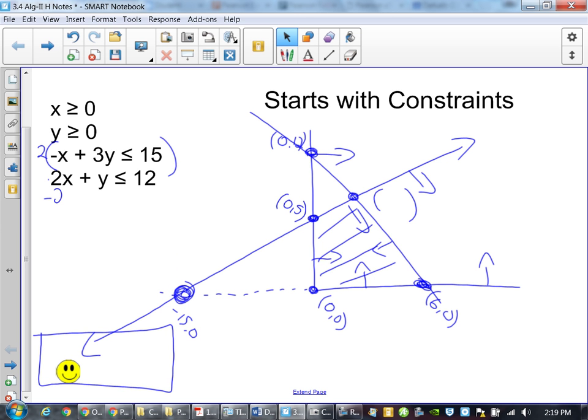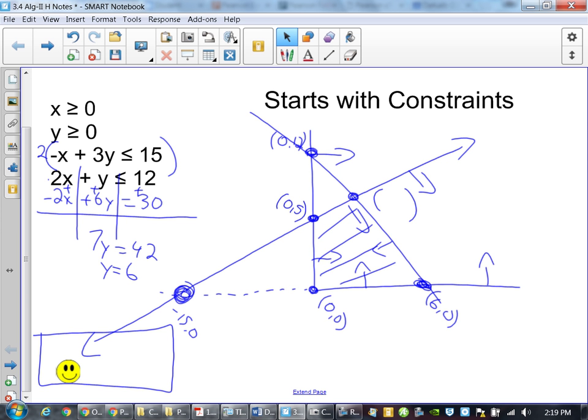I get negative 2x plus 6y equals 30. And I'm going to add these together. Very good. 7y is 42, and y is 6. You okay with that?